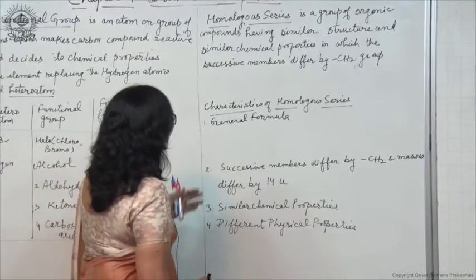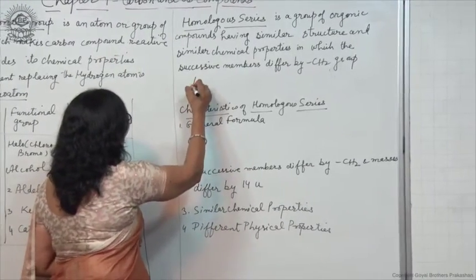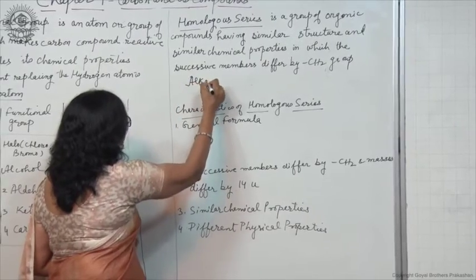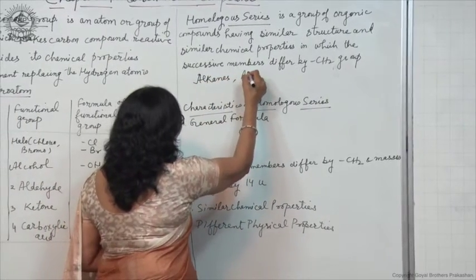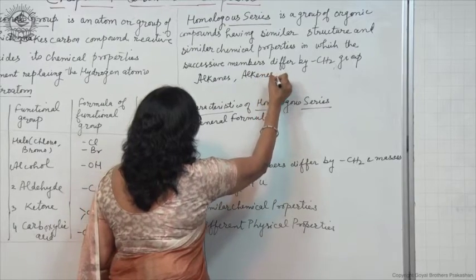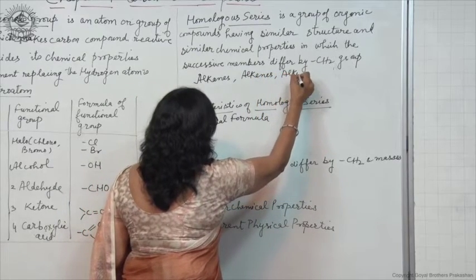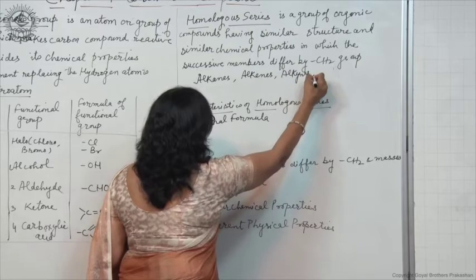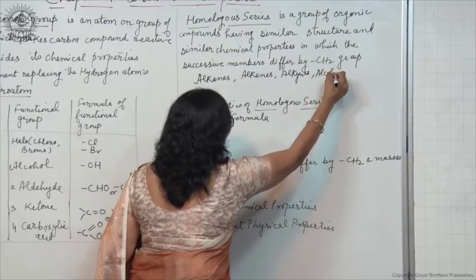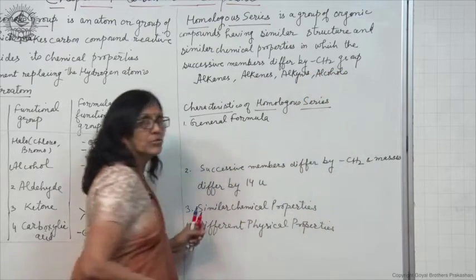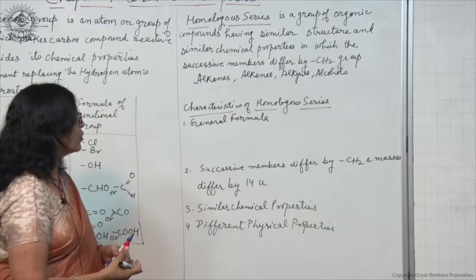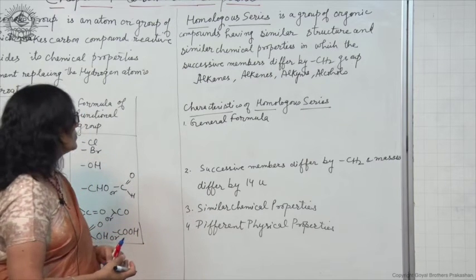Some of the examples of homologous series are alkanes, alkenes, alkynes, alcohols, aldehydes, carboxylic acid, all these form the homologous series.